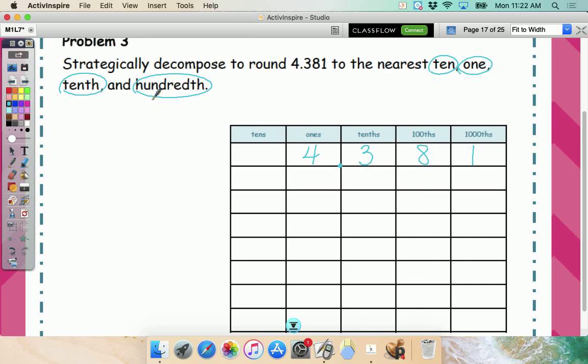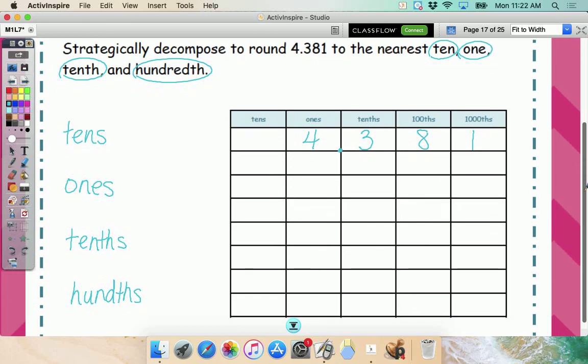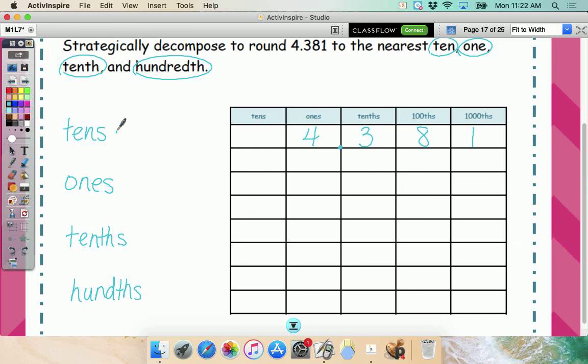So let's get that written down here. You can abbreviate hundredths if you want. Just make sure you've got your TH on there. So get it all set up so we can start, and I'm going to pull sticks.